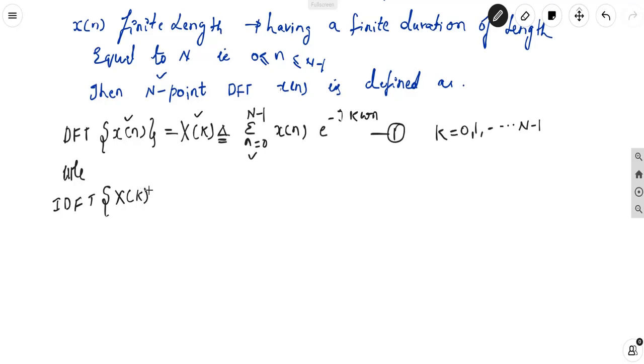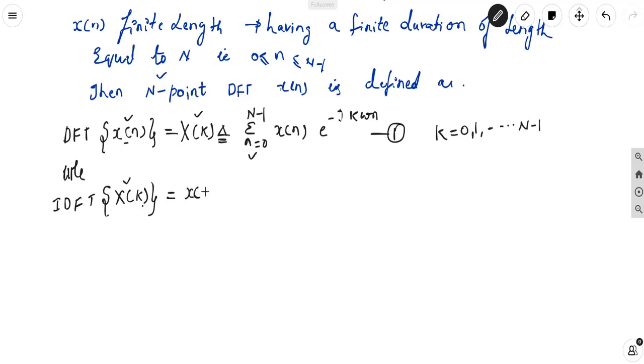IDFT of x of k means we are converting from frequency domain to time domain.